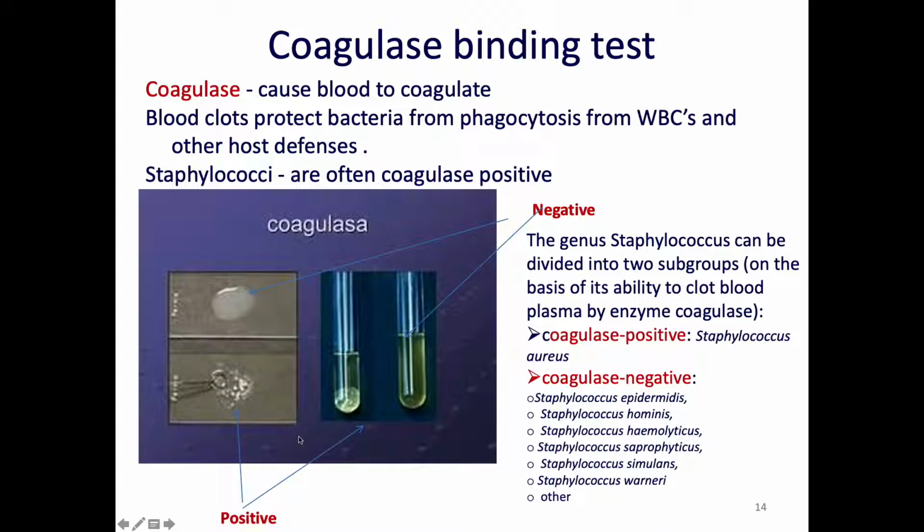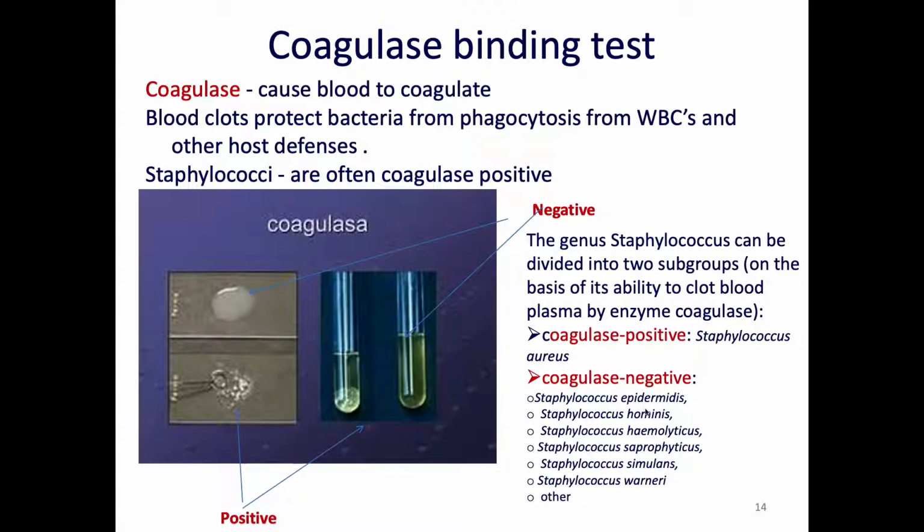The same test can be performed on the slides. Here you can see the positive outcome of this test. You can see the aggregations. And here, since we do not have any aggregations, this means that the outcome is negative. So only Staphylococcus aureus is positive, while, for example, Staphylococcus epidermidis, hominis, saprophyticus, and others are coagulase negative.